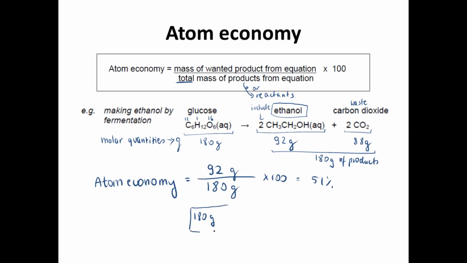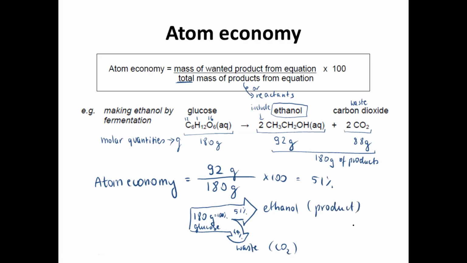When I have 180 grams of the glucose, that's my 100%. 51% of that is going to make my ethanol, which is my wanted product, and 49% is waste, which is my CO2.